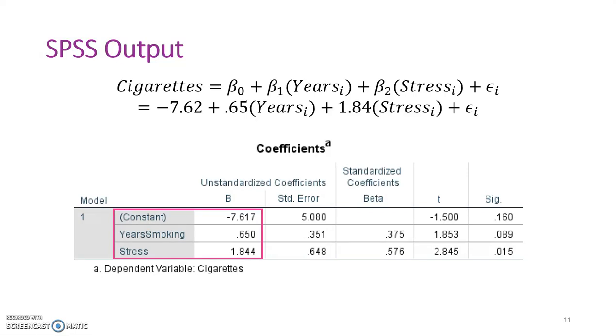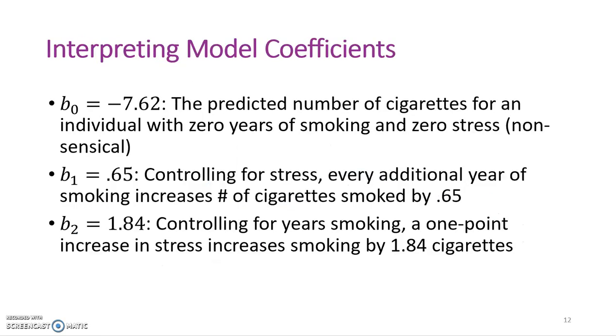So let's talk about how we would interpret these coefficients. The interpretations are slightly different from those in simple linear regression. For the intercept from multiple regression, this negative 7.62 is now the predicted number of cigarettes for an individual with 0 years of smoking and a 0 score on stress.